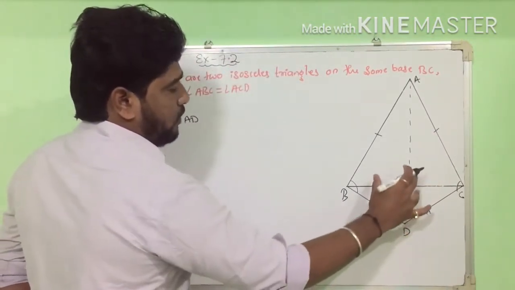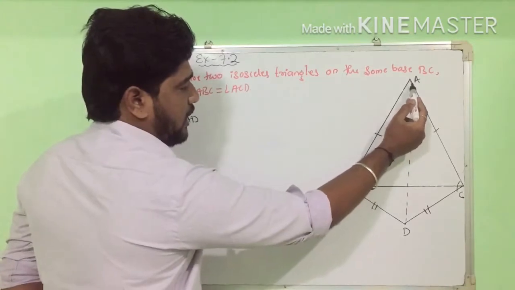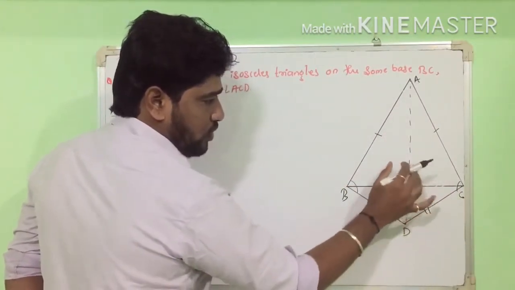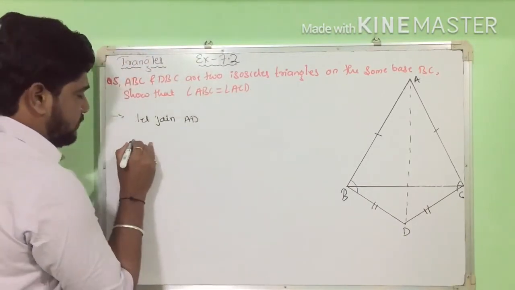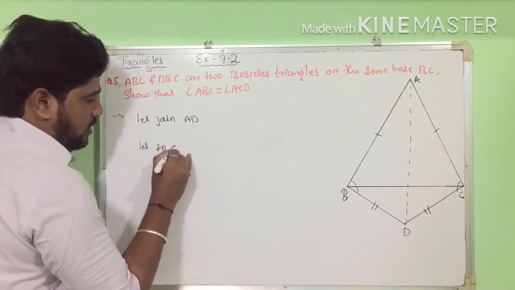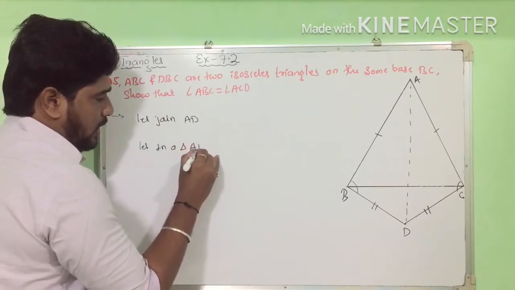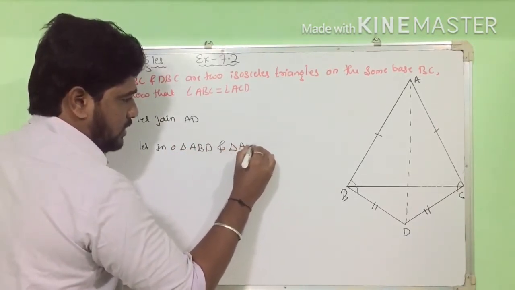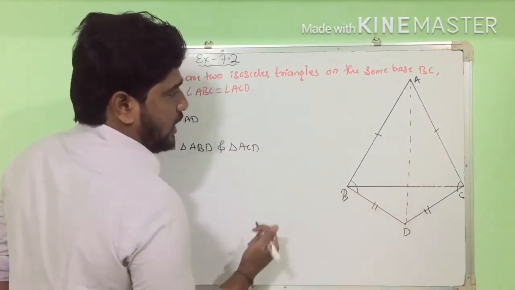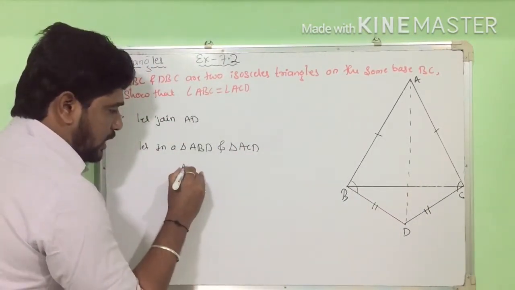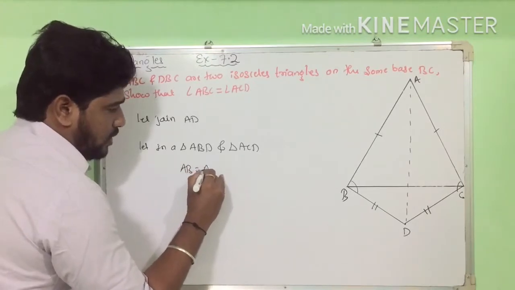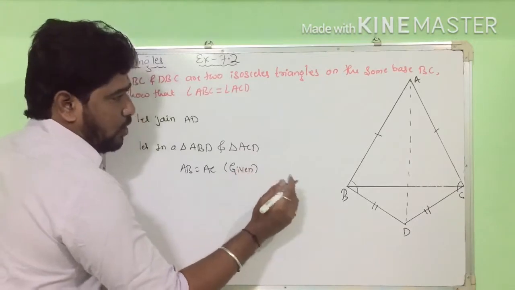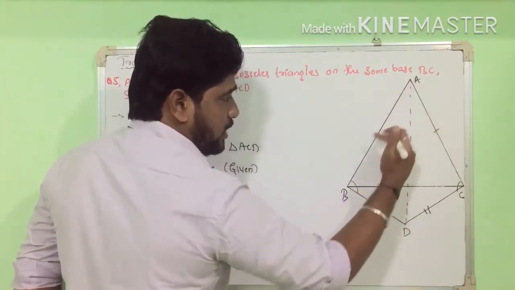So now here we have formed two triangles. One is ABD, another one is ACD. So let us consider triangle ABD and triangle ACD. In these two triangles we have AB is equal to AC, given, because ABC is an isosceles triangle.